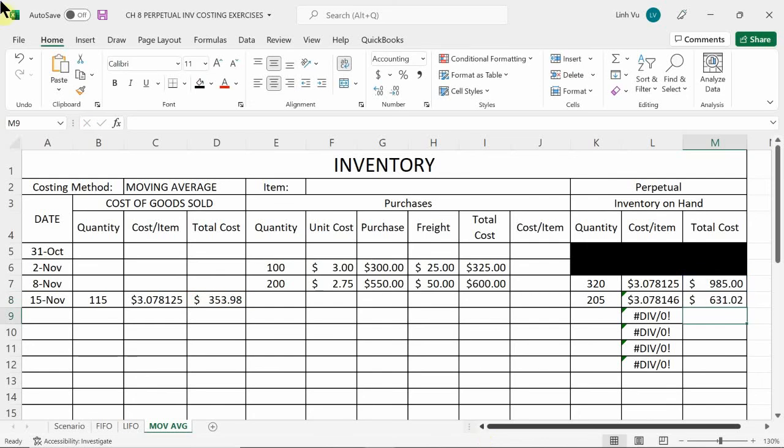Good. Because I have this automatically calculating for me, my new average cost is 3.078146. So it went up. Now I have 205 units available to sell.